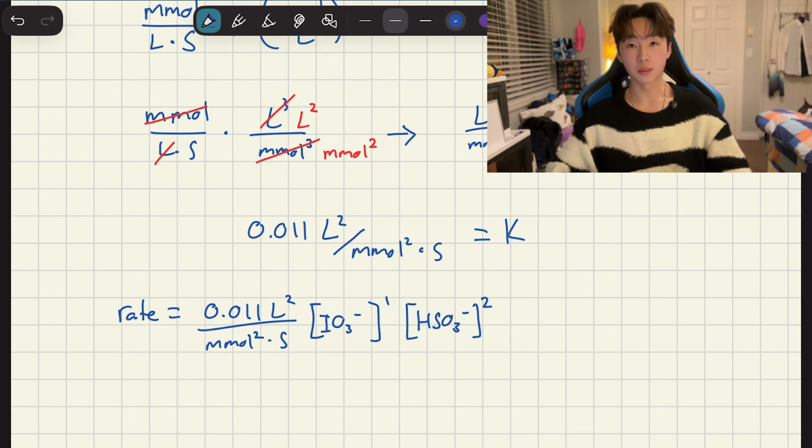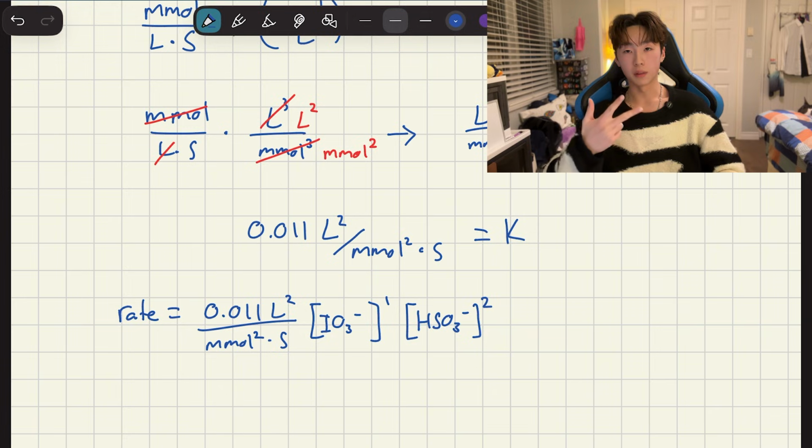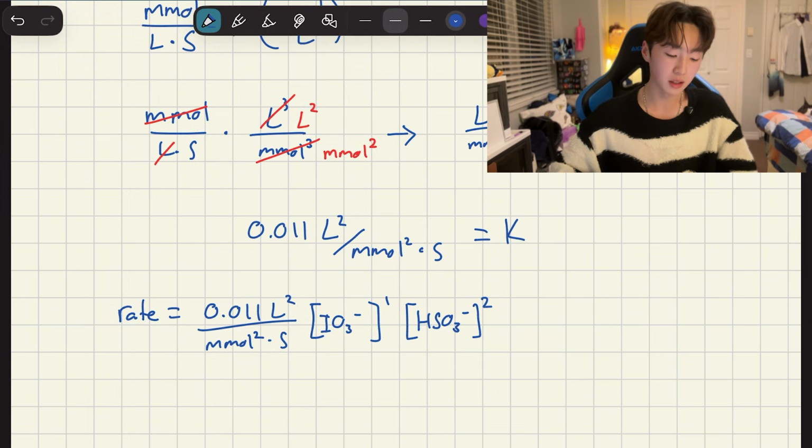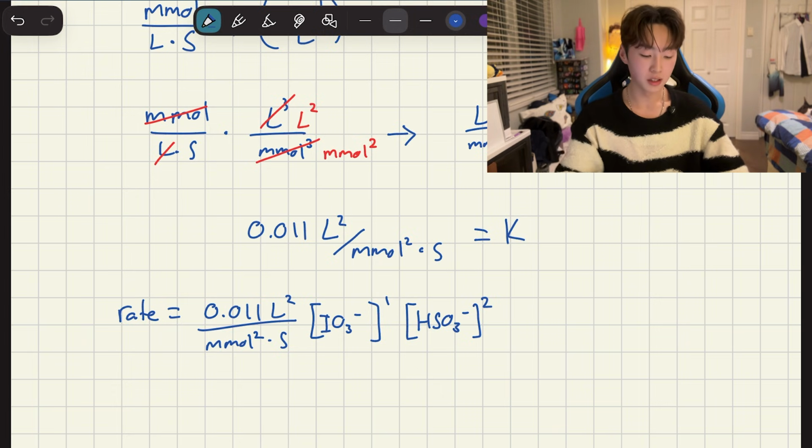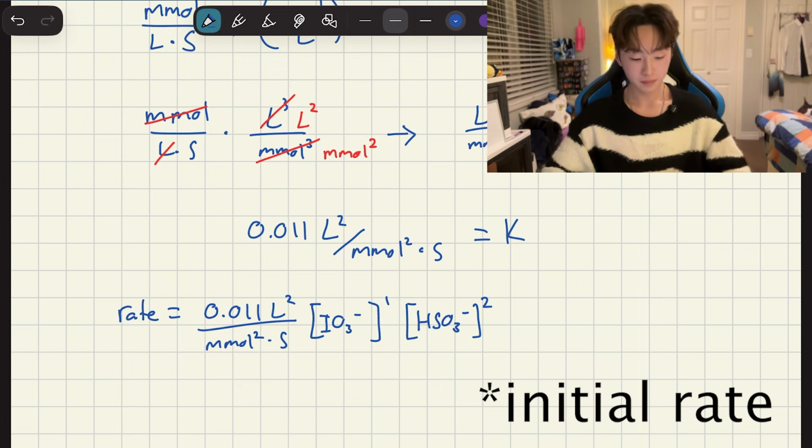And that is our completed rate law. We solved for K, solved for our 2 reaction orders. And now what we can do is we can plug in any concentration for our two species and we can calculate the rate.